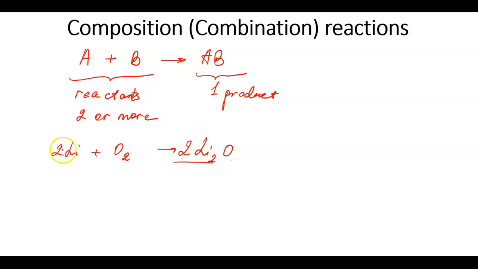And that will change the amount of lithium. So that gives us 4, and the correct equation will be 4 lithium plus oxygen gives us, arrow to separate reactants from products, 2 Li2O.